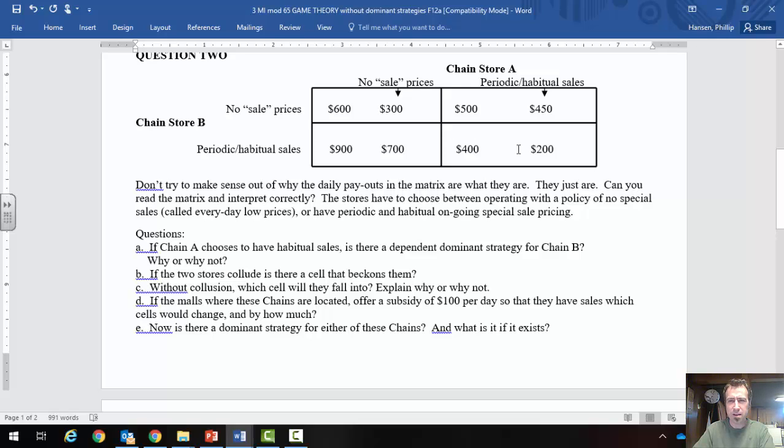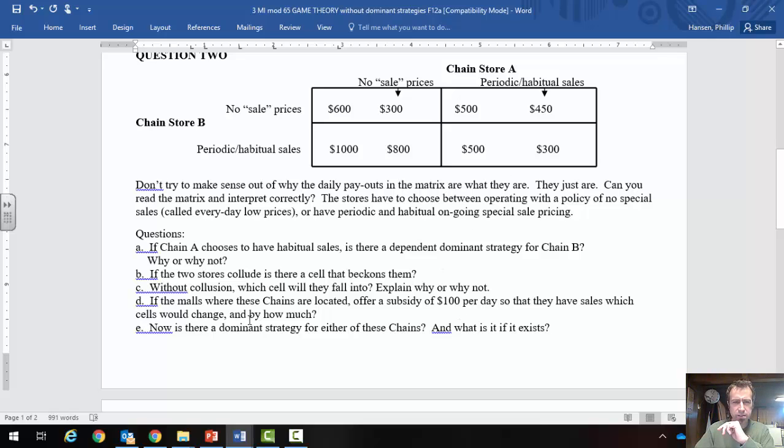So that would mean for sales, chain store B is now going to have 1,000, 800, 500, and 300.